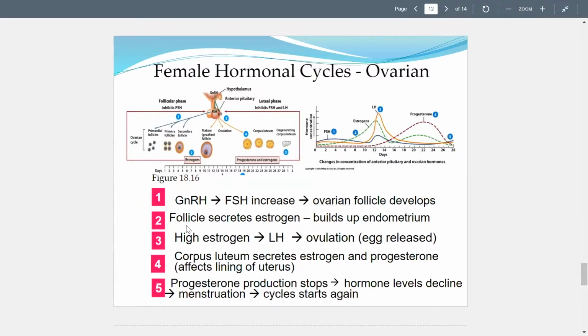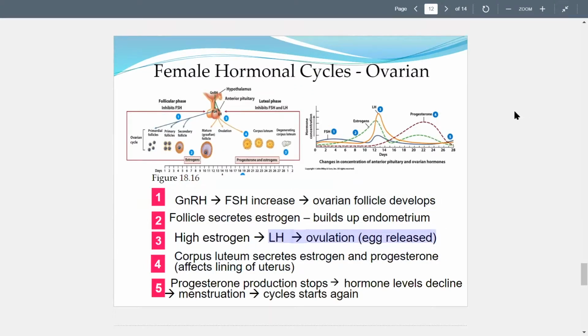This is kind of brief, but as the follicle matures, the hypothalamus secretes more GnRH, and this stimulates the pituitary to secrete LH. Just know that as the follicle matures, there's more GnRH, and that causes the secretion of LH, and LH is responsible for ovulation, the release of the egg.